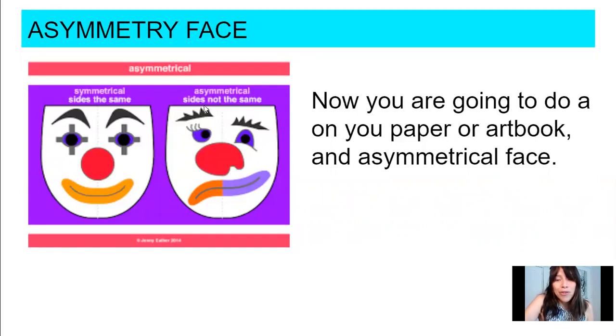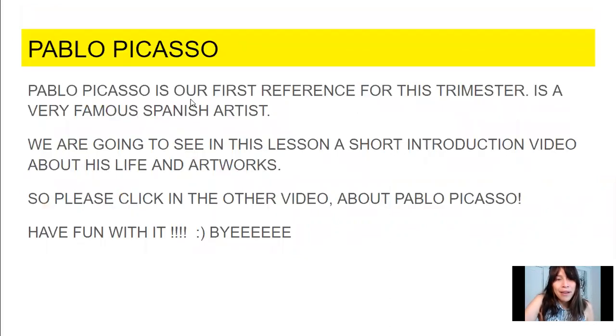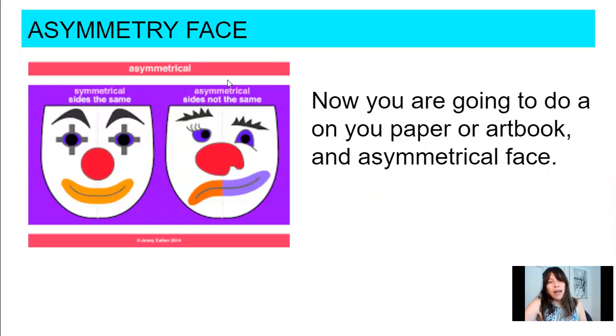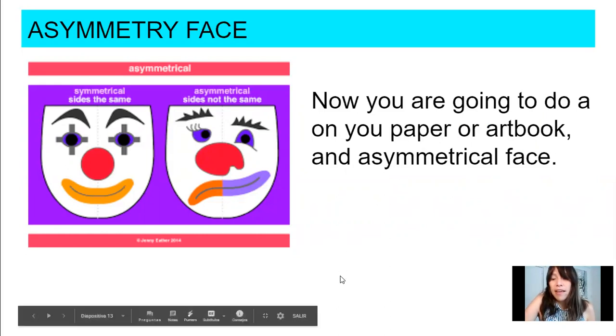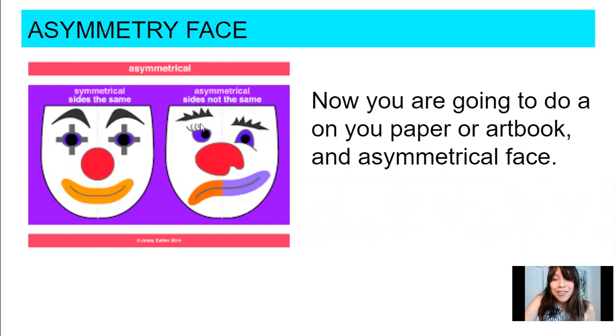So I would like you to do in your paper a circle of a face, and then you're going to divide it in 2, yes? And in one side, you're going to do one part of the face, and in the other, you're going to maybe do it a little bit asymmetrical.